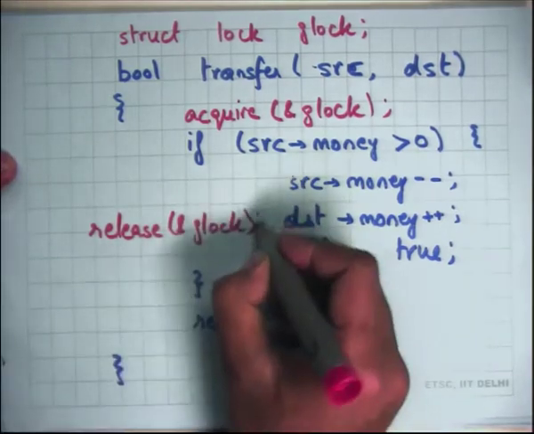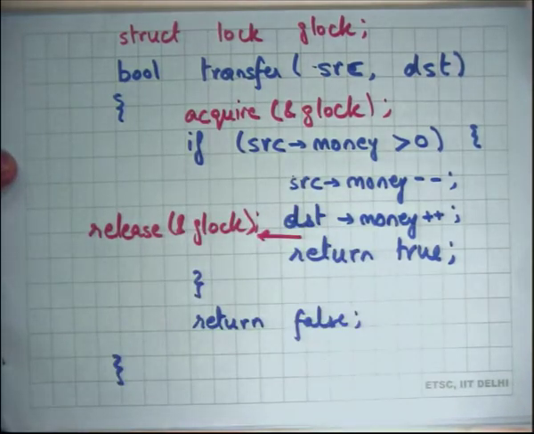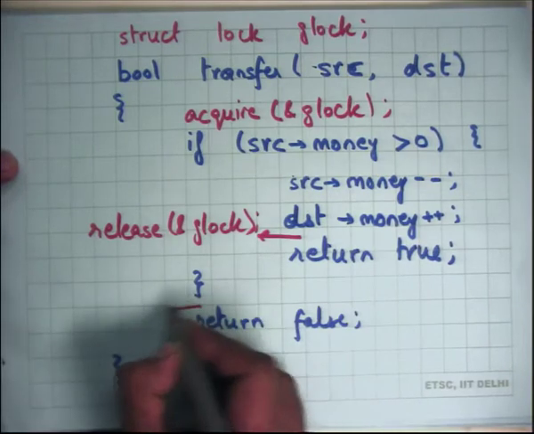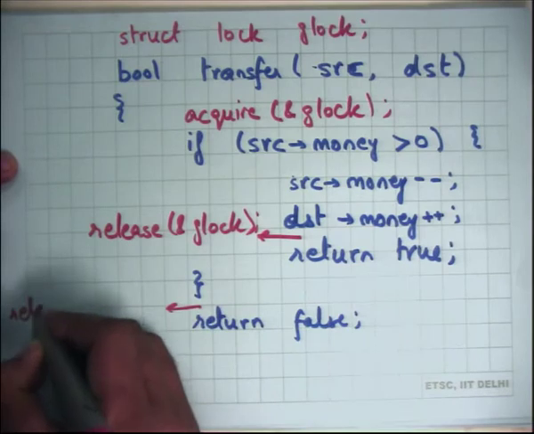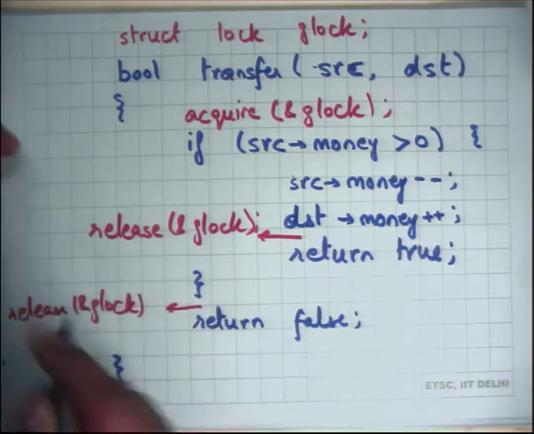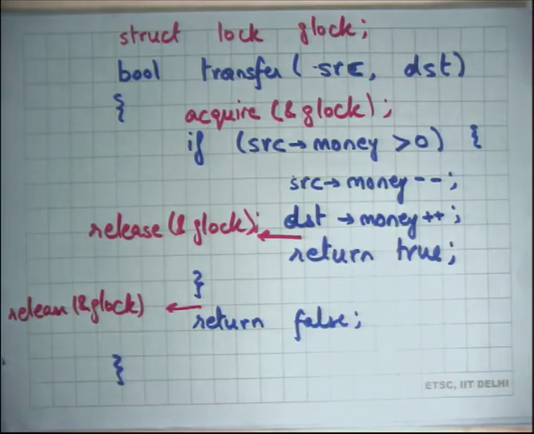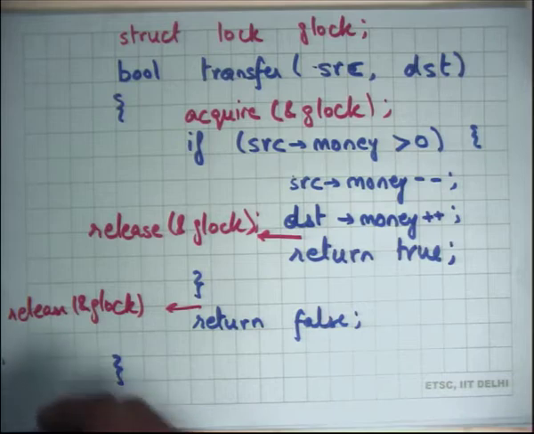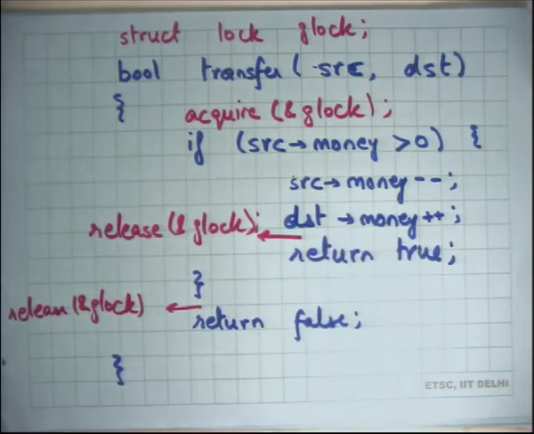Is this okay, or do I need to do something else? One more, yeah. I need to put a release g lock here. I need to make sure that along all the paths of my program, the lock is actually released before I exit the function. All right, so this is fine.